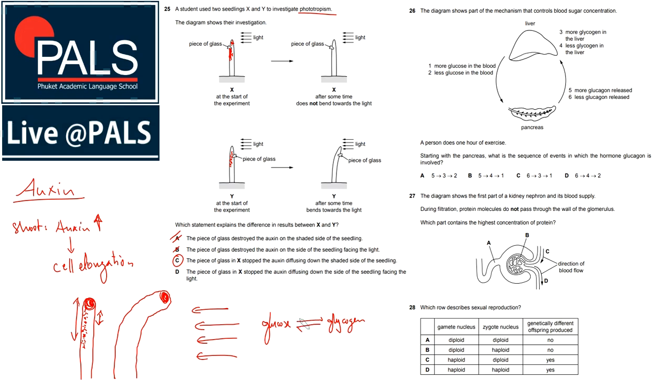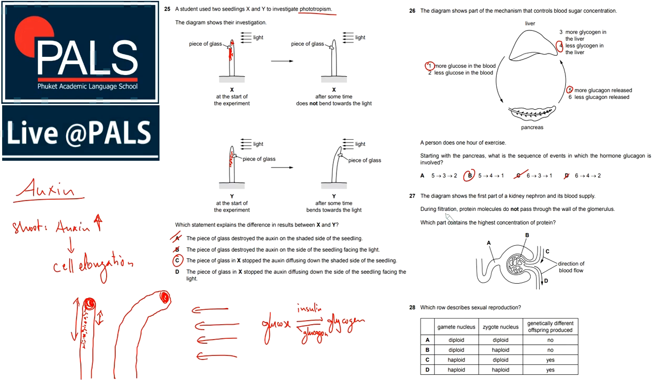So glucose to glycogen is caused by insulin, and glucagon does the other direction. That means that more glucagon is released. So we start with 5. And that means that there will be less glycogen in the liver and there will be more glucose in the blood. So 5 for 1, that is B.